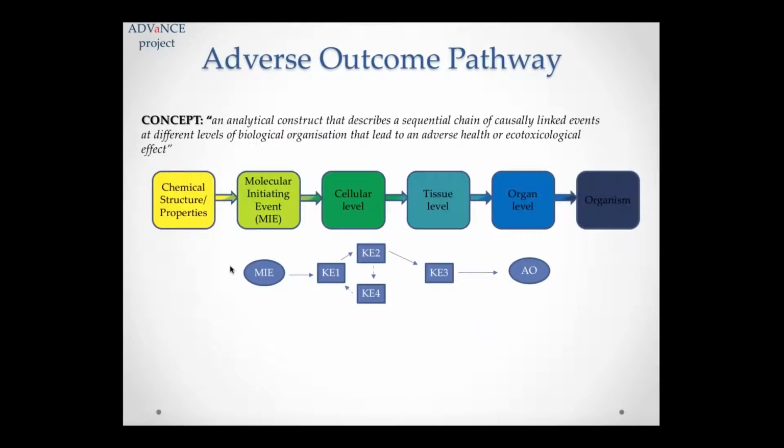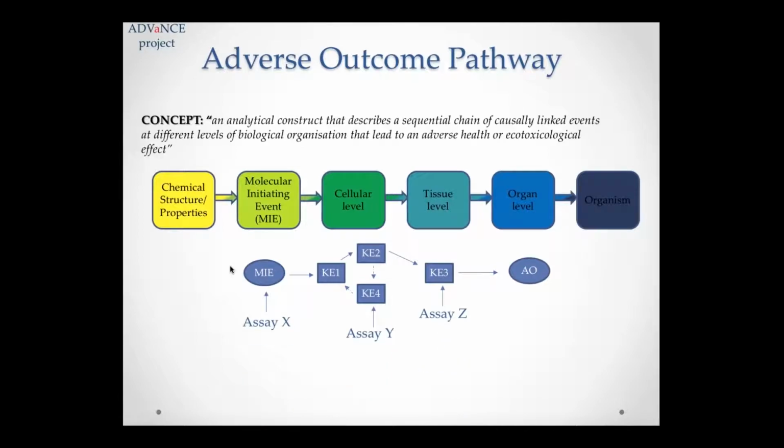We try to use the adverse outcome pathway, which is not a very recent concept, and it's going to be developed further in the other lectures, I think. But the adverse outcome pathway is a construct which tries to describe a sequential chain of causally linked events at different levels of biological organization that lead to an adverse outcome.